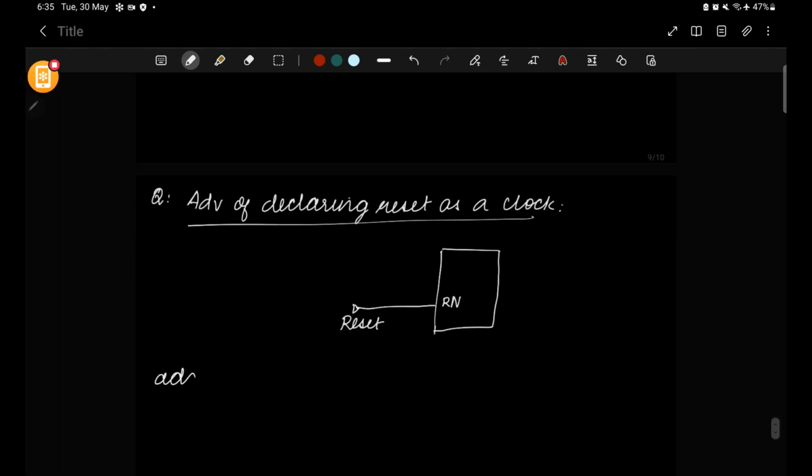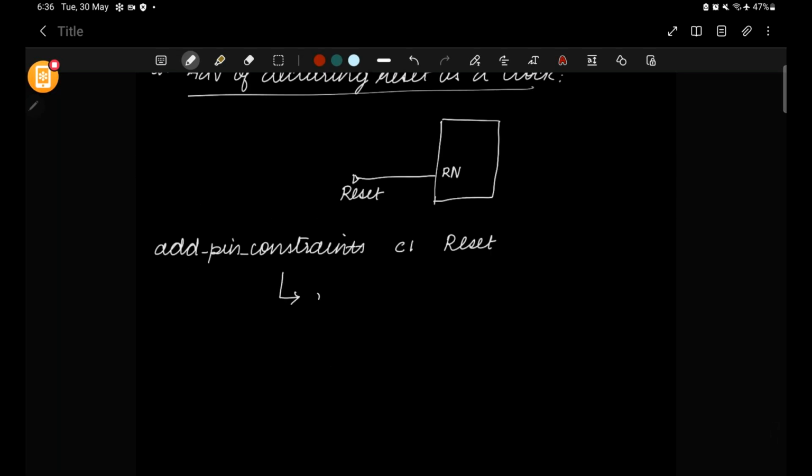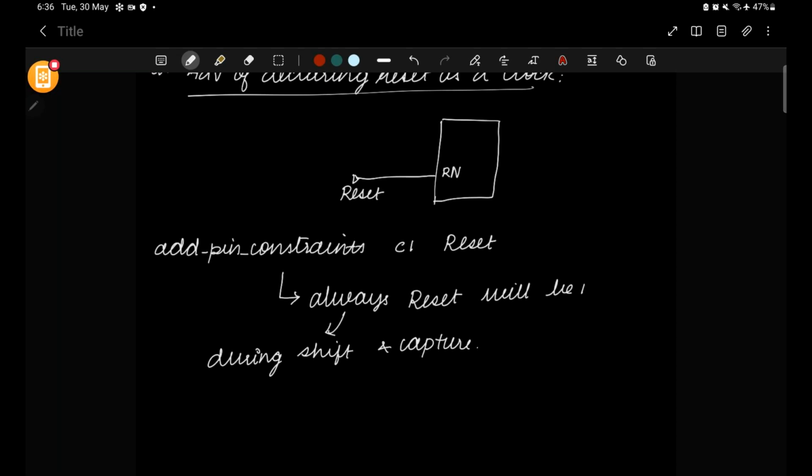If we declare it like this, add pin constraint to one, reset, then this reset will always be 1. Always in the sense during the shift phase and the capture phase.